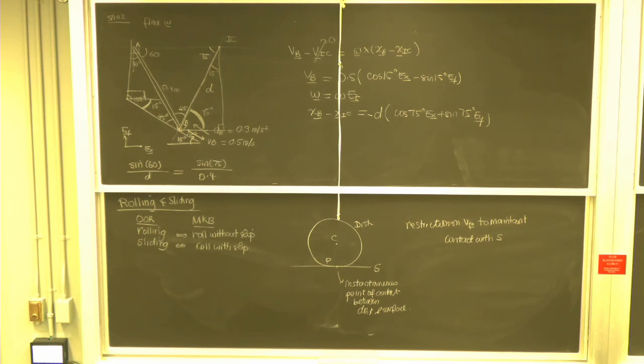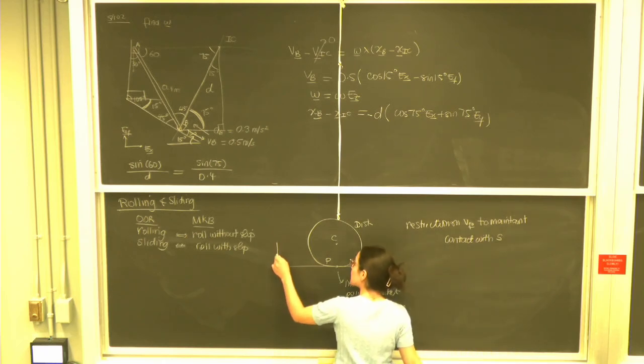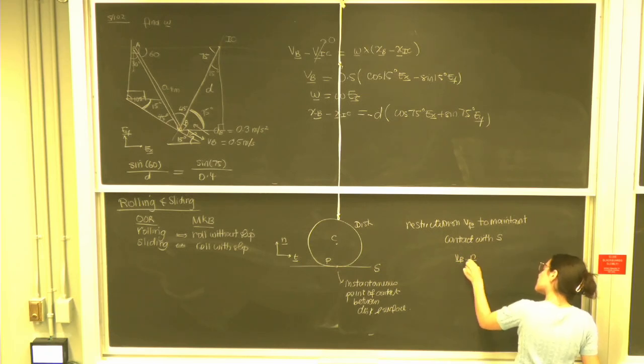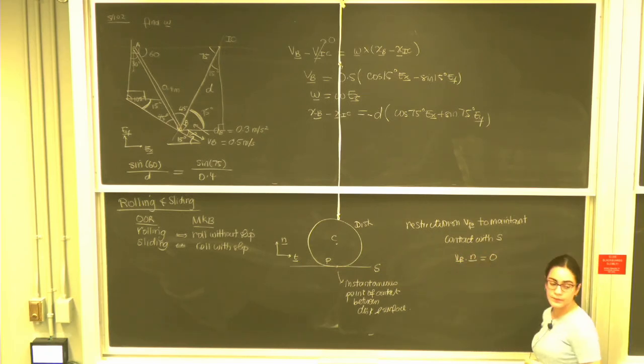Is the velocity of point P 0? No, but it's 0 in a certain direction. Which direction? Normal to the surface, right? So if I consider a tangent to the surface and a normal to the surface, Vp dot n is equal to 0.